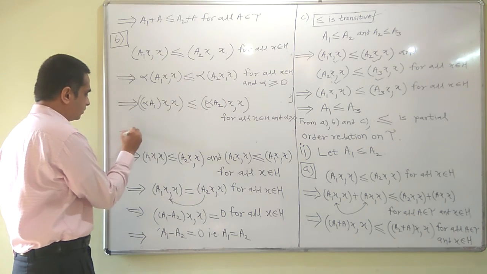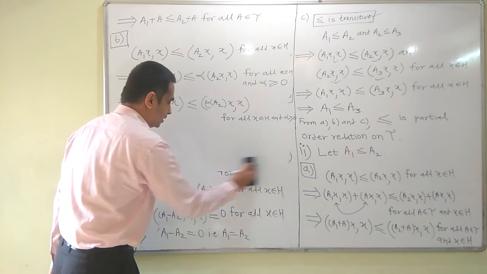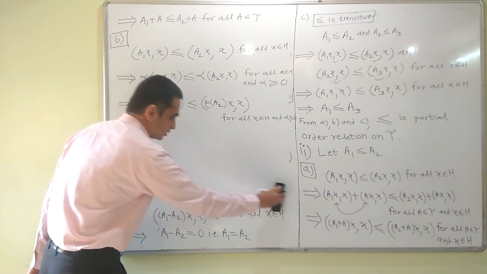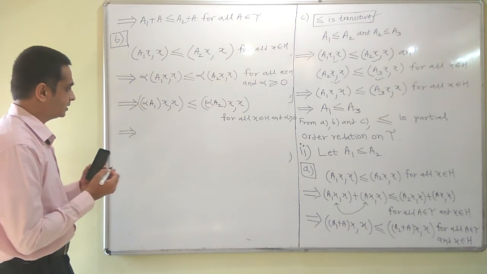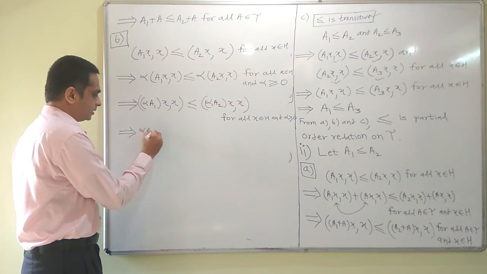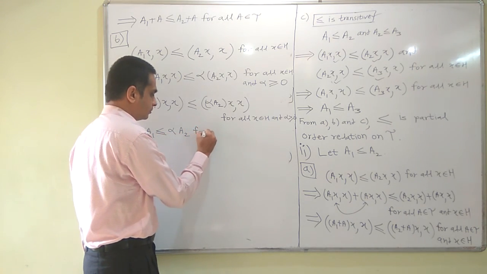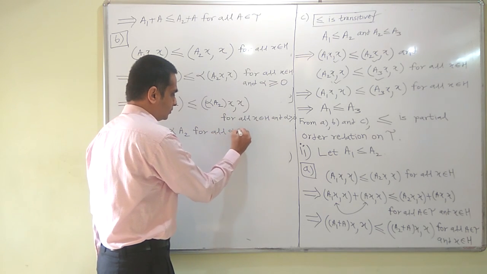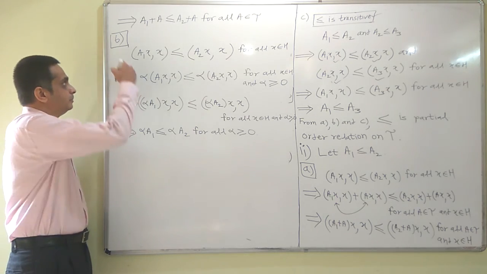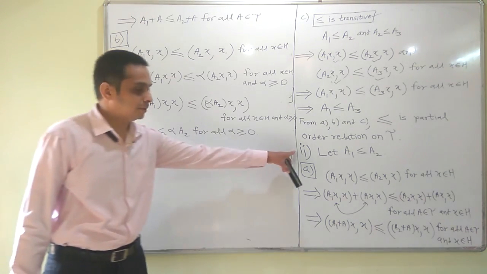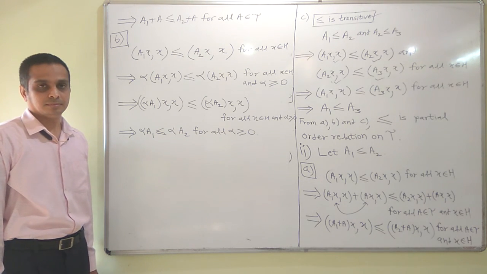By definition of the relation less equal to, I could write this as alpha A1 is less equal to alpha A2 for all alpha which are non-negative. So this is what we wanted to prove in part B of the second property. This completes the proof. Thank you.